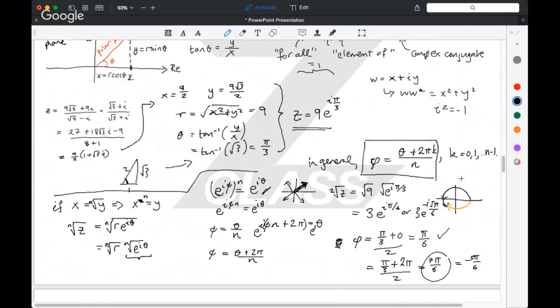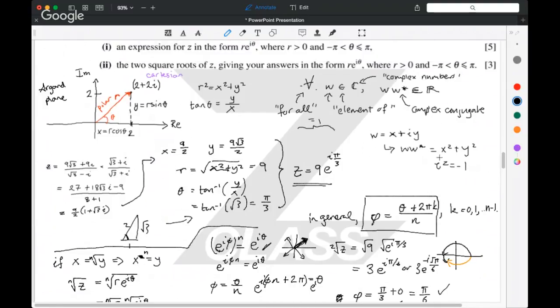Remember to look at the range that they're specifying, this range here. They've also specified a range for r, but r is always greater than or equal to 0, in which case you've just got a point there. So I guess they've specified that. But pretty much just be careful of this range of theta.